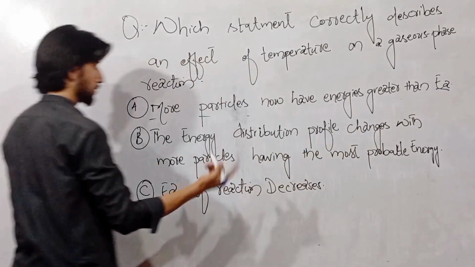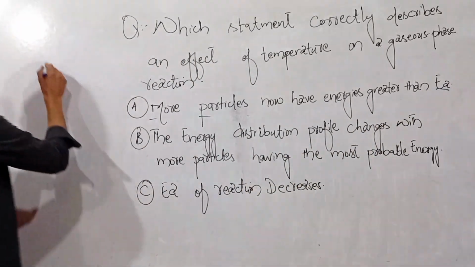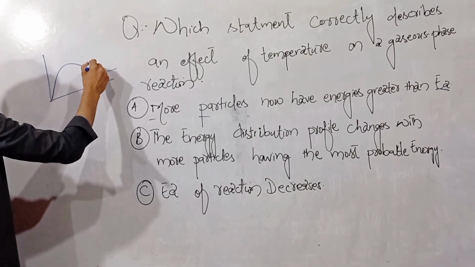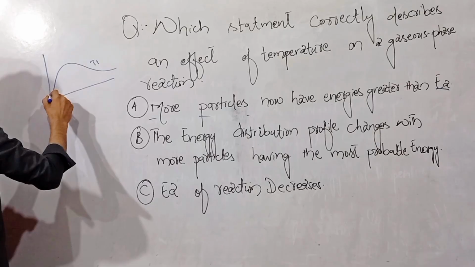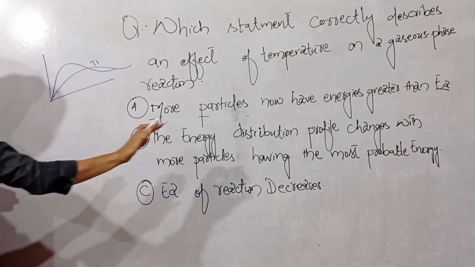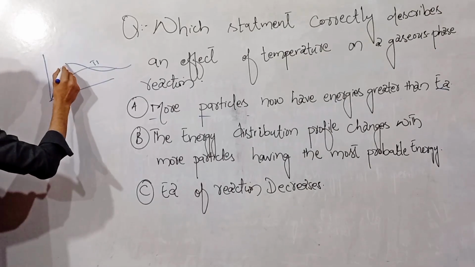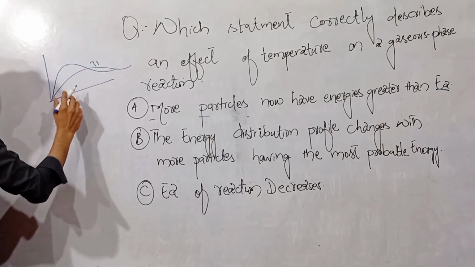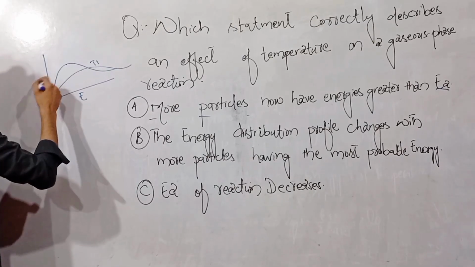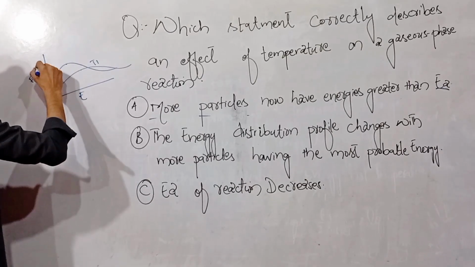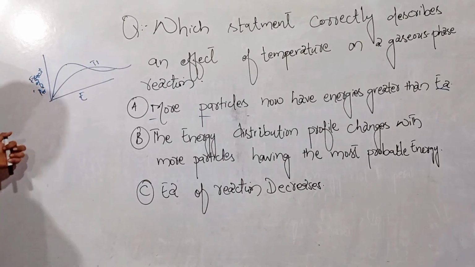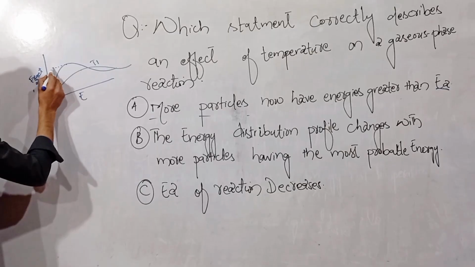Yes, this is correct, because as we know from the Boltzmann distribution, suppose this is T1, and now I have increased the temperature to T2. The curve becomes flatter, like now the peak has come down. This axis is energy, and this is the fraction of particles.